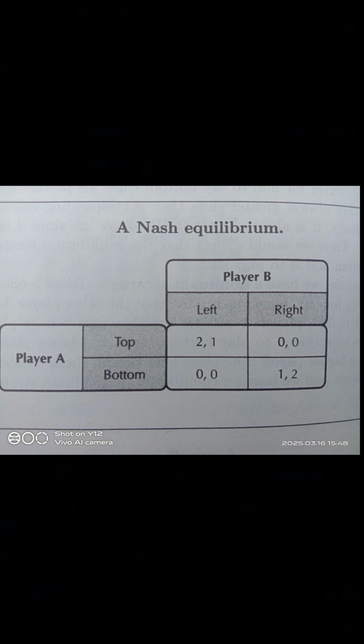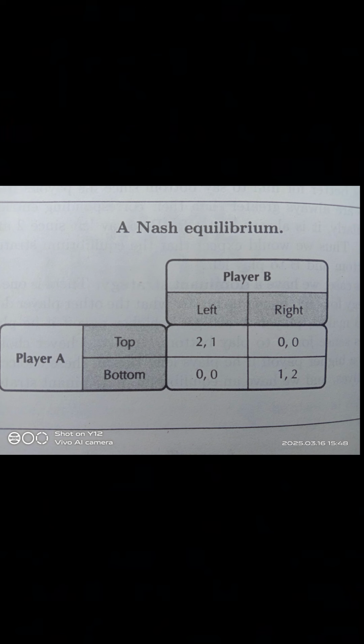There are two problems with Nash equilibrium. One is that a Nash equilibrium may happen more than once. How is it so? If you see the table, there is more than one Nash equilibrium, and this is the problem.